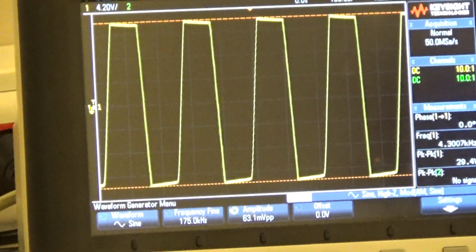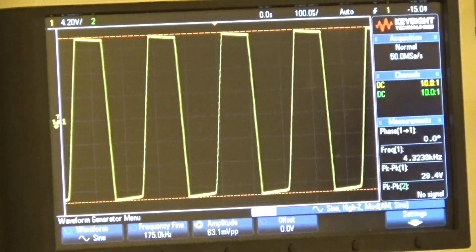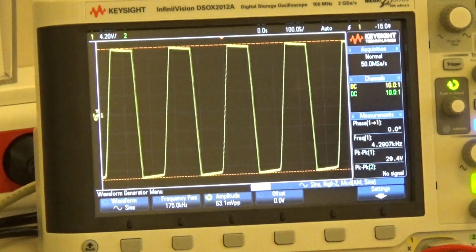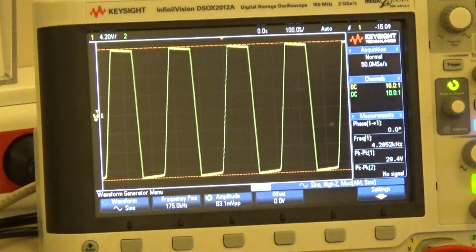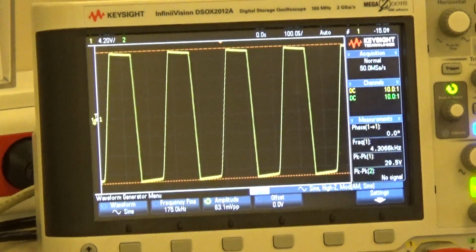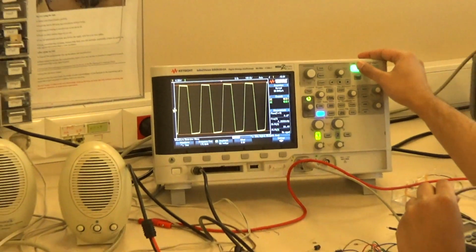That is why I made sure that the output stage is clipped so that you can hear the audio signal properly. So this is the output of your radio lab.